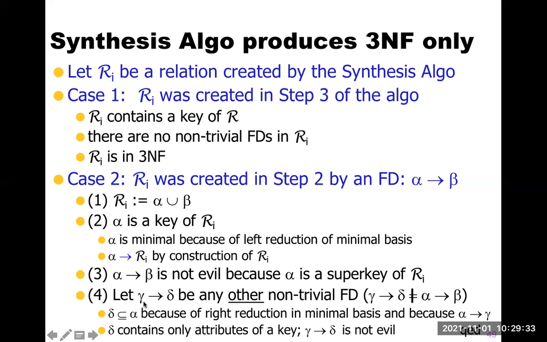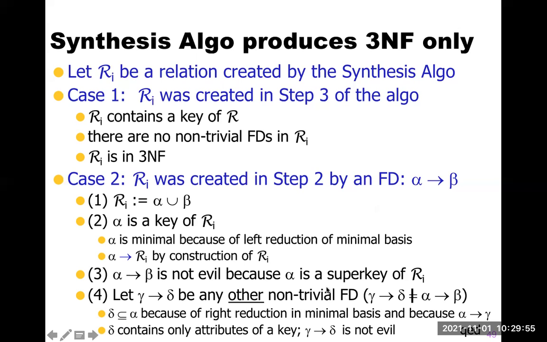So we have no violation of third normal form rules. And let's say we have another dependency, gamma to delta, another non-trivial dependency. So gamma to delta is not equal to alpha to beta. Alpha to beta is the functional dependency that we built our table upon.